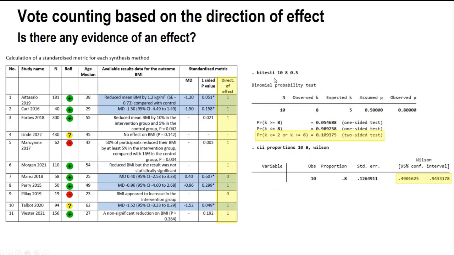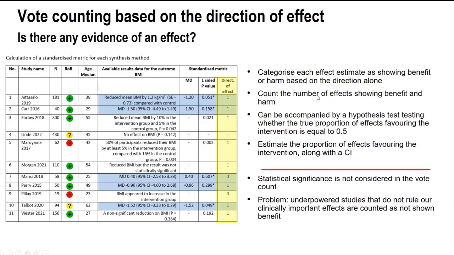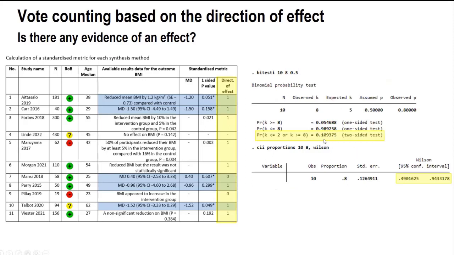Okay, here's just an example in Stata. We can do a binomial test, testing whether the proportion of studies favouring the intervention is equal to 0.5, and what we get here is a p-value of 0.10. So there's no indication that the intervention is favourable using this particular vote counting based on directional effect.